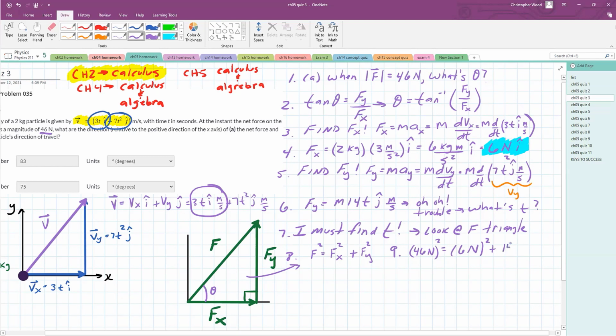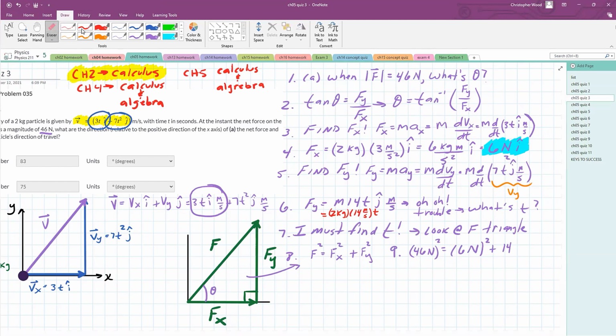14 times m. Let me do this here. I should have done this step here. This equals 2 kilograms, m for me is 2 kilograms, times 14 meters per second times t. So I'm just going to write that as 28t. That'll be easier.